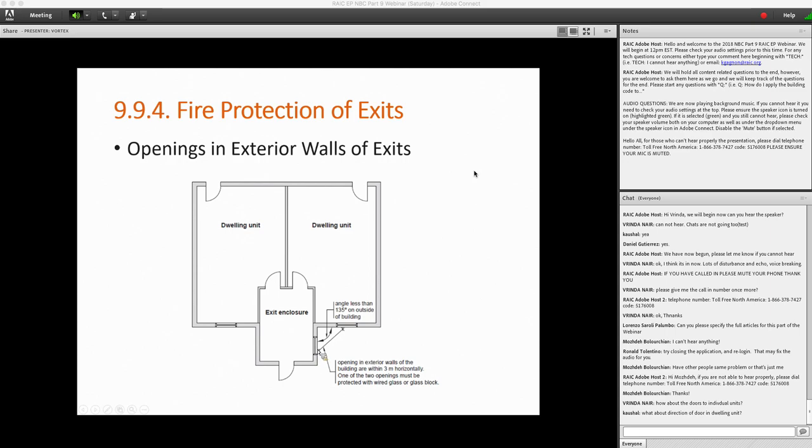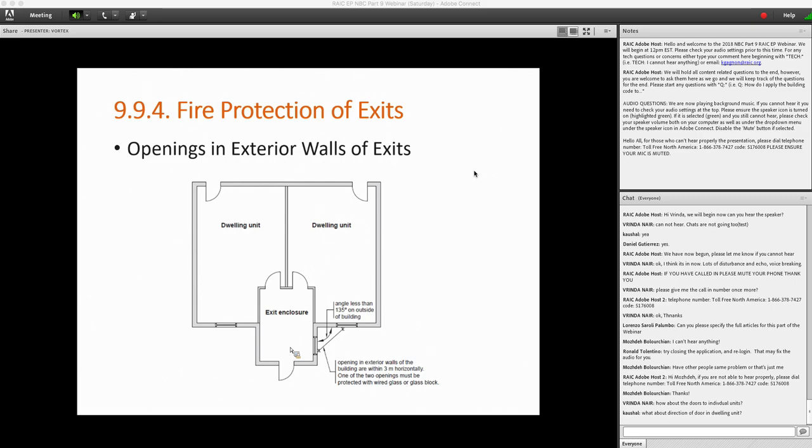There is an opening in the exit stair enclosure. There is also an opening in the exterior wall of the dwelling unit. Now, if there is a fire in the dwelling unit, there is the potential for the radiant heat from that dwelling unit to reach the occupants using the exit enclosure through the opening that we have in the exit.